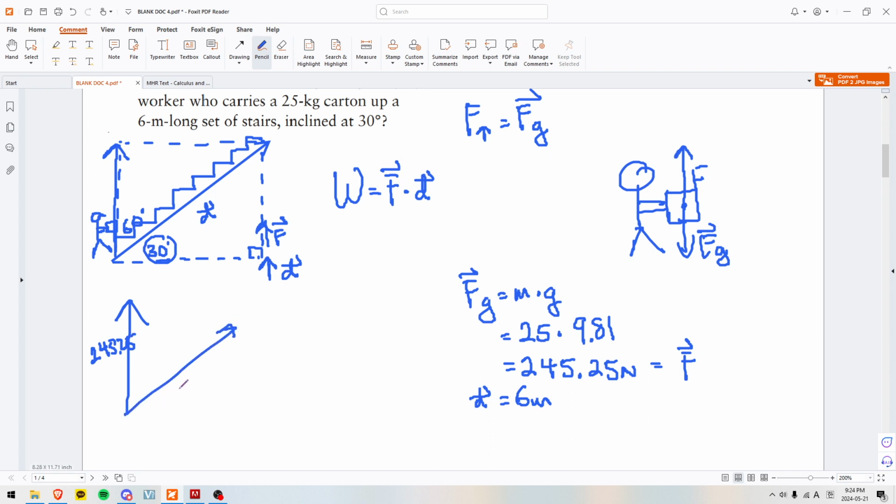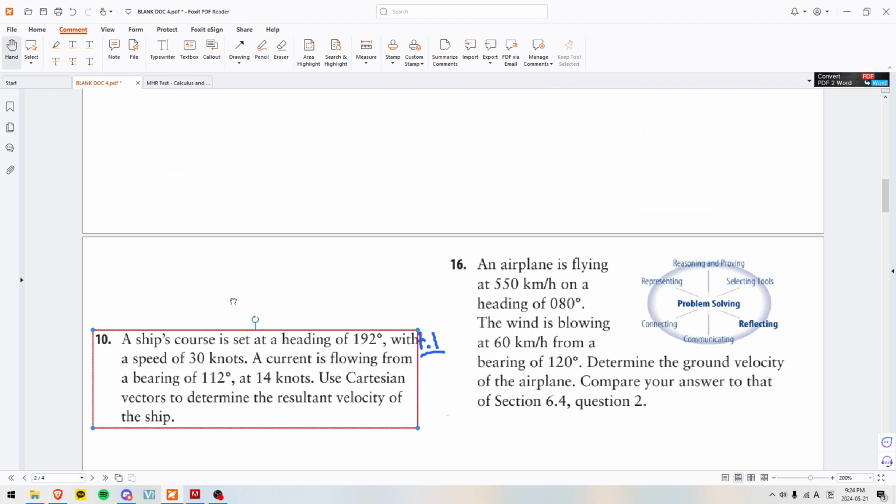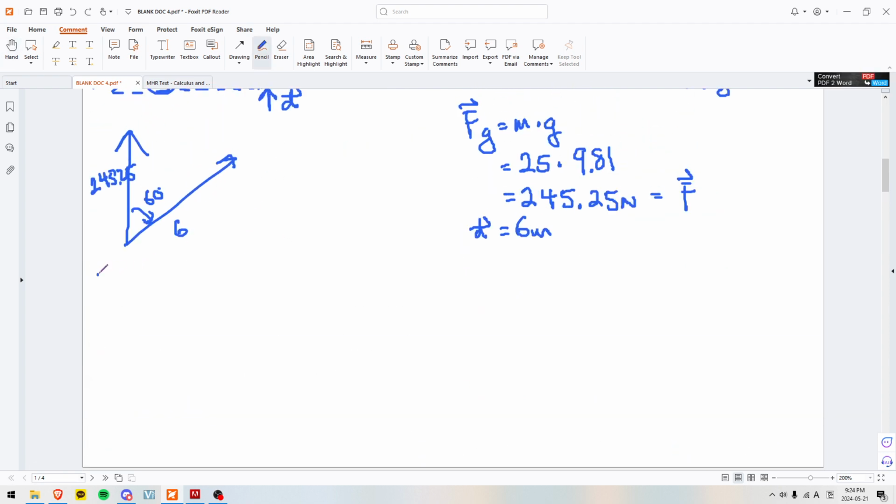I have a distance, 6. The angle contained between is that. What is the useful work done? Force dot distance, which is 245.25 multiplied by 6 multiplied by cosine of 60. And that gives us 245.25 cosine 60.